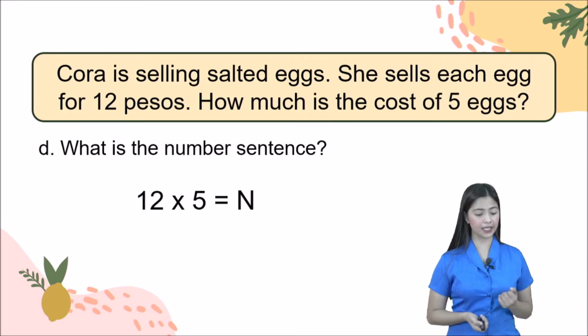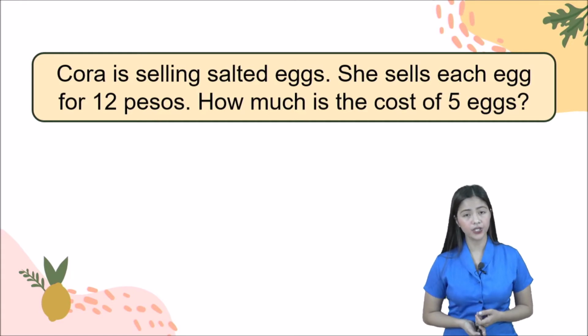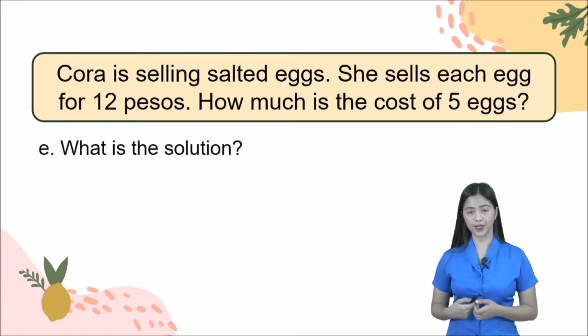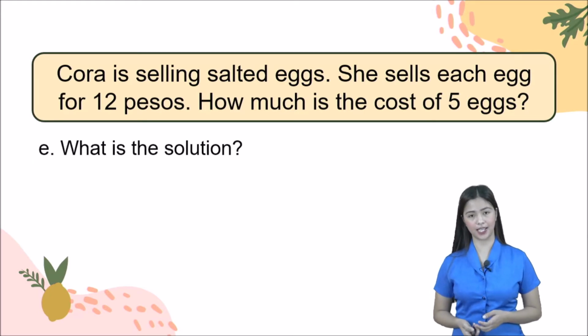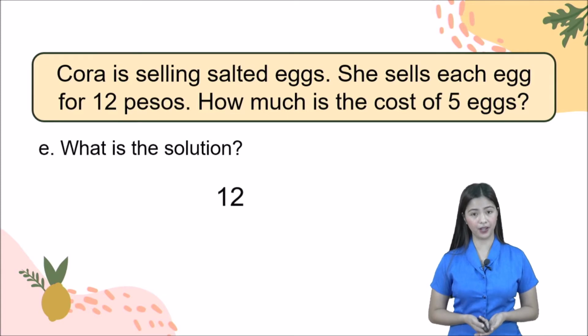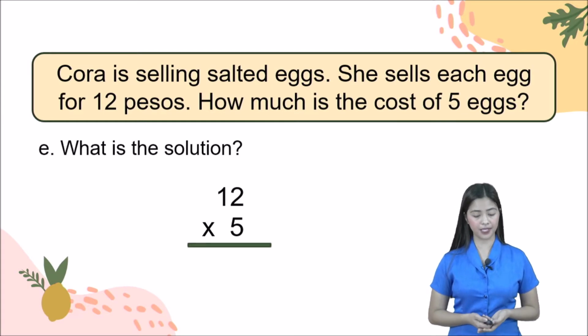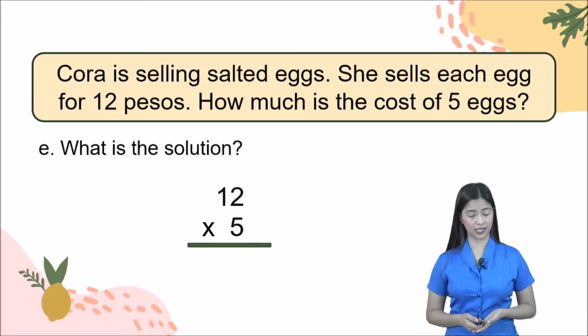After getting the number sentence, of course, we need to show our solution. Okay, kids, again, we need to show our solution. So we have 12 times 5. Again, kids, 12 times 5 is equal to what? 5 times 2 equals 10, right?